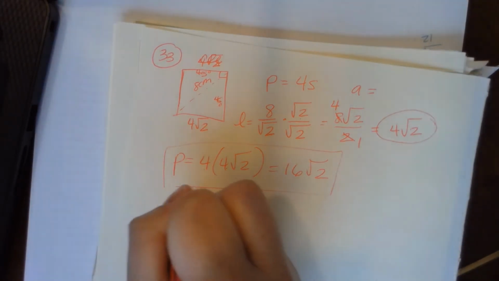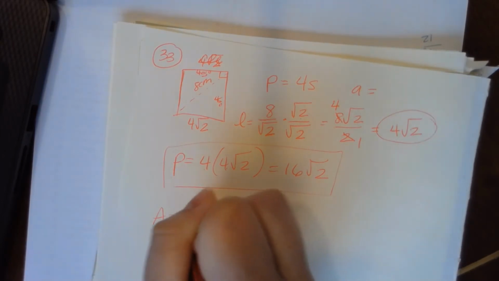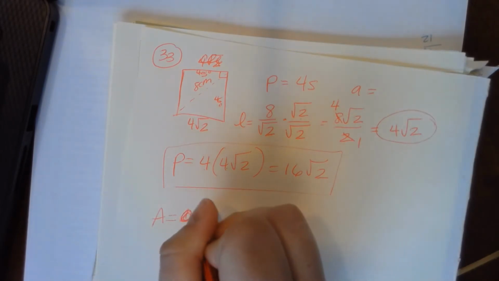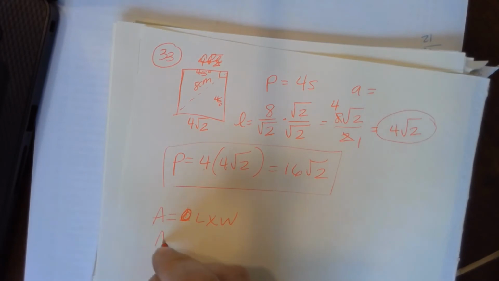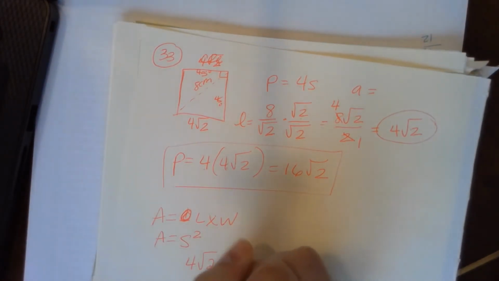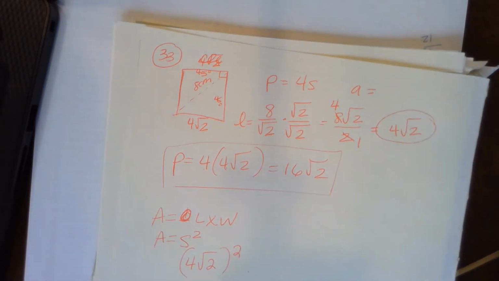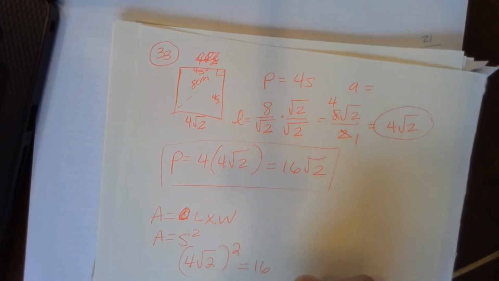Now for the area equals 1. Okay, no, I went with a different one. Okay, so area equals, it's like length times width, right? So I'm just going to take area equals the side squared. So I'm going to take the 4 square root of 2 and I'm just going to multiply it by 2. Well, no, I'm sorry. I'm going to take the square of it. So 4 squared equals 16.